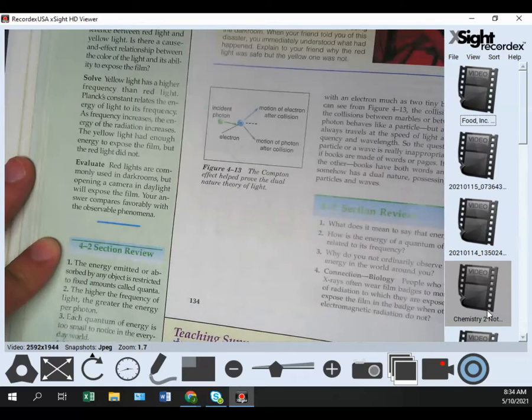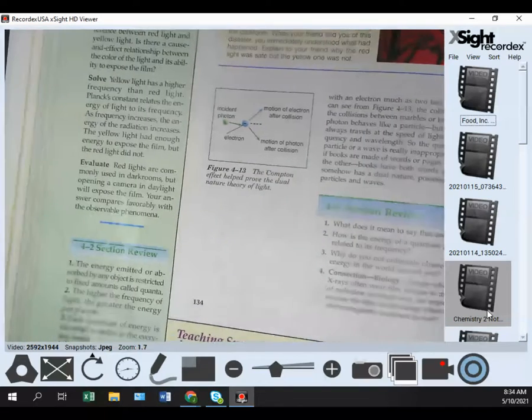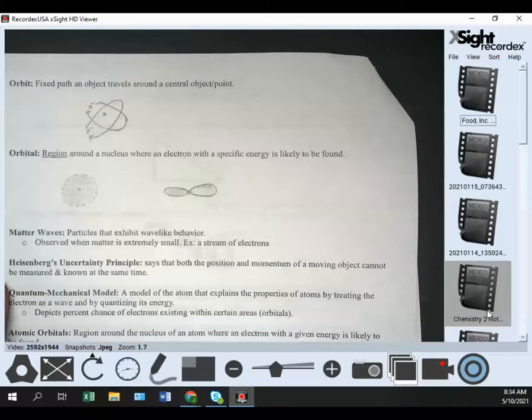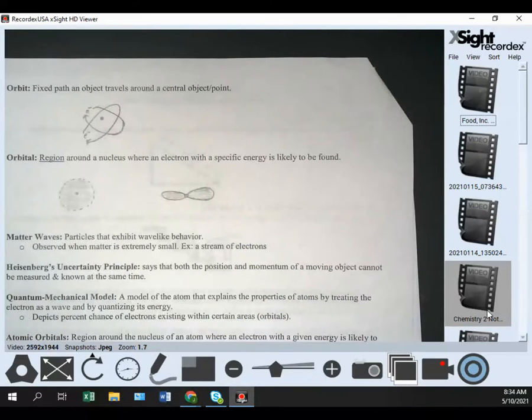But this actual idea, Heisenberg's uncertainty principle, is only important on a really crazy small level. We don't worry about it in everyday life because it's such a small amount that it doesn't factor in.